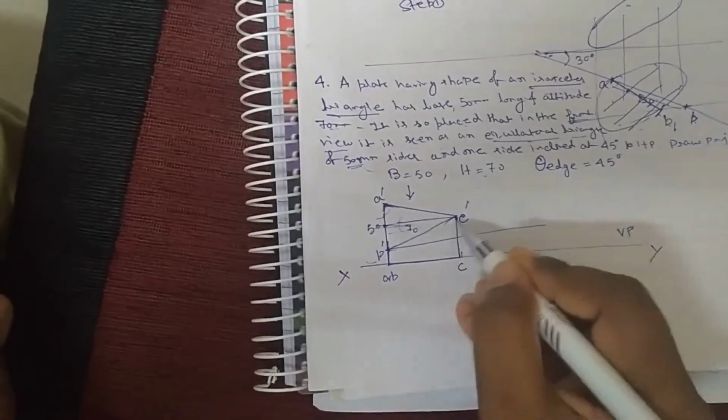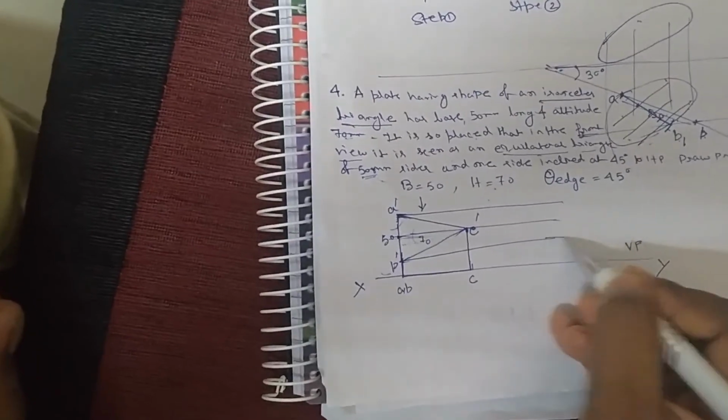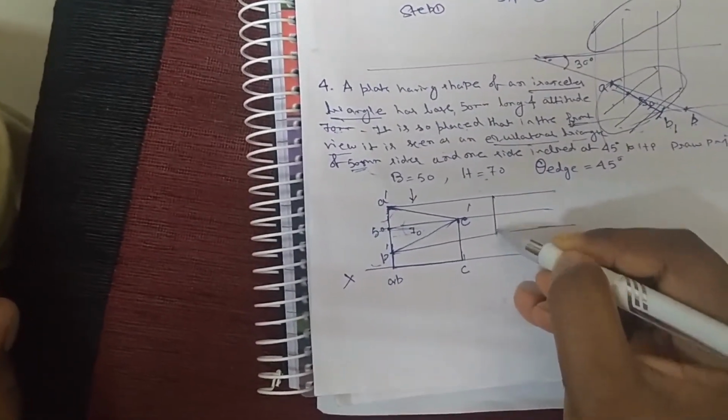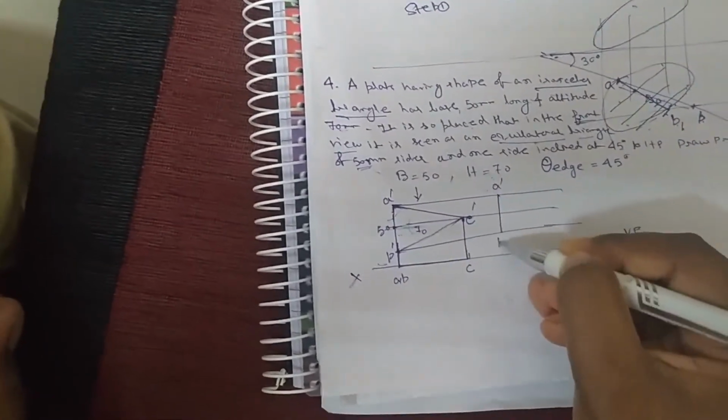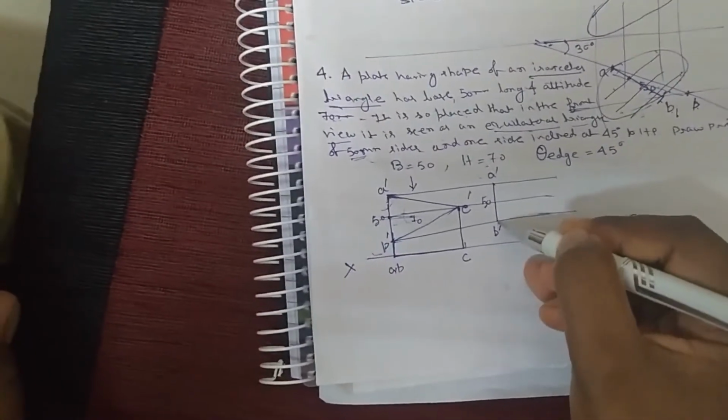We are going to extend this 3 point like that, and we are going to place our A dash, B dash, because this thing will be 50 millimeter.